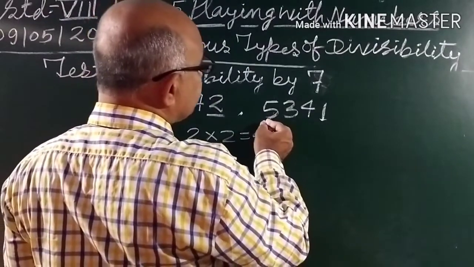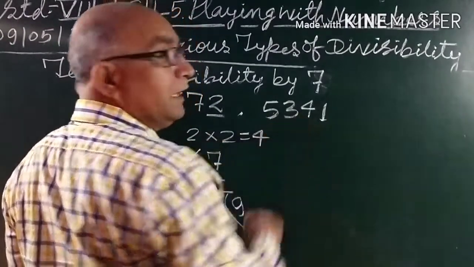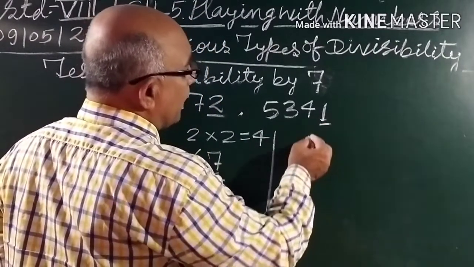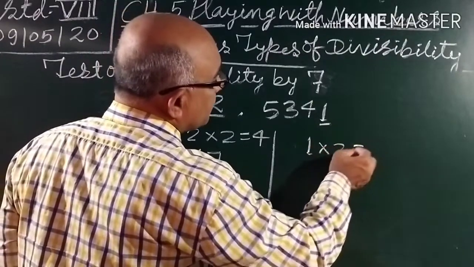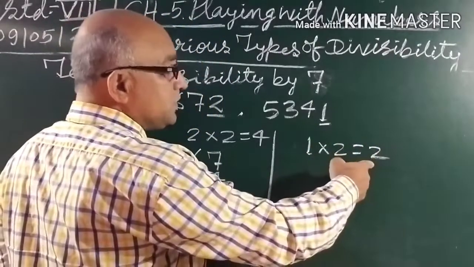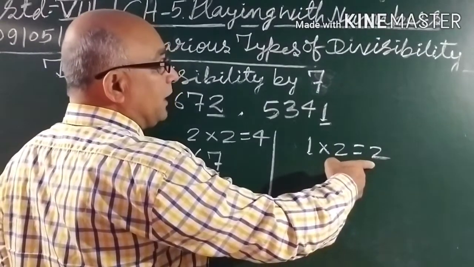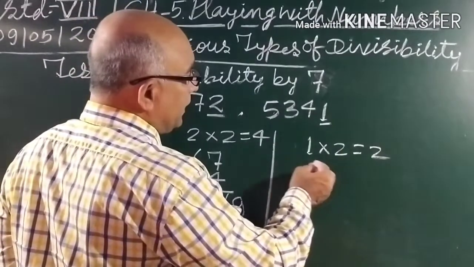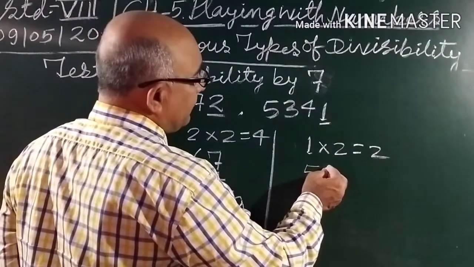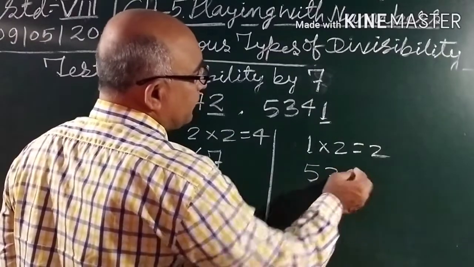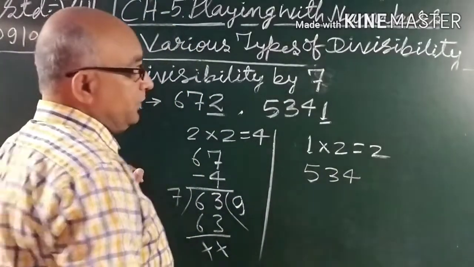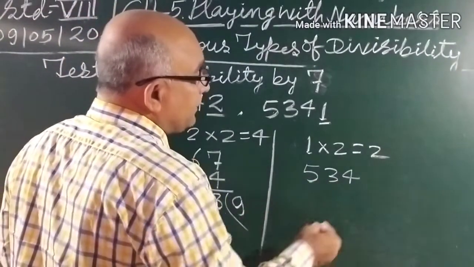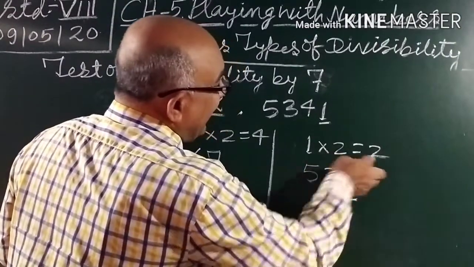Next example is 5,341. Here the unit digit is 1. So 1 into 2 is 2. Now it is subtracted from the number excluding the unit digit. So excluding the unit digit, the number will be 534. Now in 534, subtract twice the unit digit.